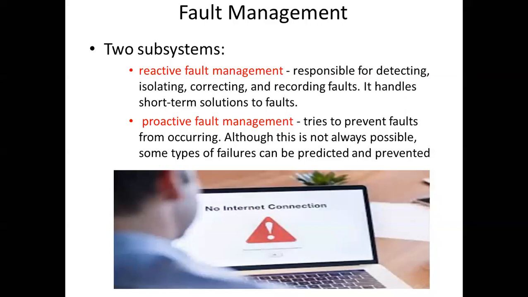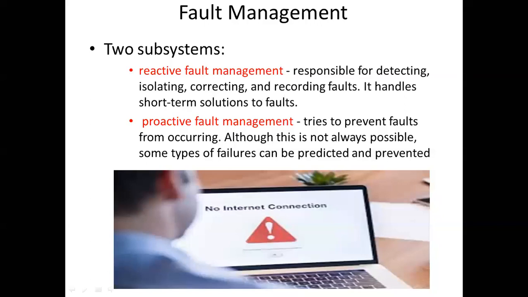Such a fault management system tries to prevent the faults from occurring, but it is not always possible to predict in advance. Some types of failures can be predicted and they can also be prevented. Such a mechanism where in advance we try to know what all faults can occur and take care of them is called proactive fault management. I hope I'm clear. So there are two types. One is reactive. The second one is proactive.